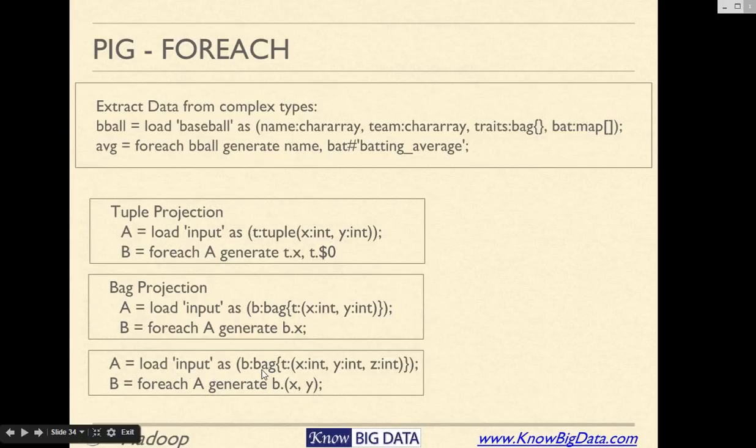Or you can get both the columns. When you're doing a bag projection, you can say for each a generate b dot x comma y. So suppose you had a bag where every tuple consisted of 3 columns. You can write a projection where you generate a new bag which contains only 2 columns out of the 3 columns, right? So you can use for each for working with complex data types as well.